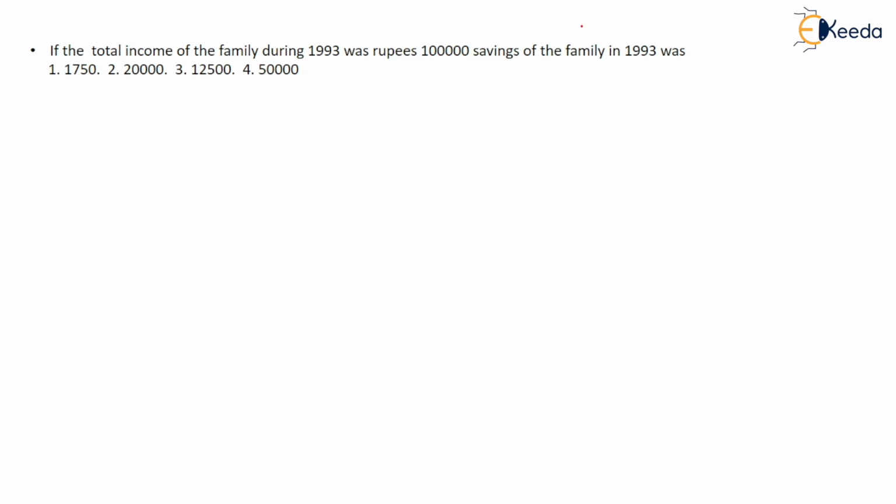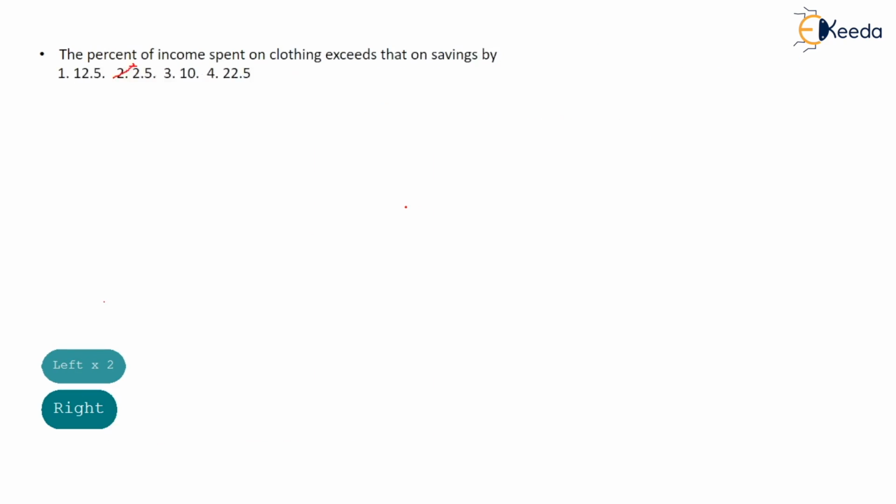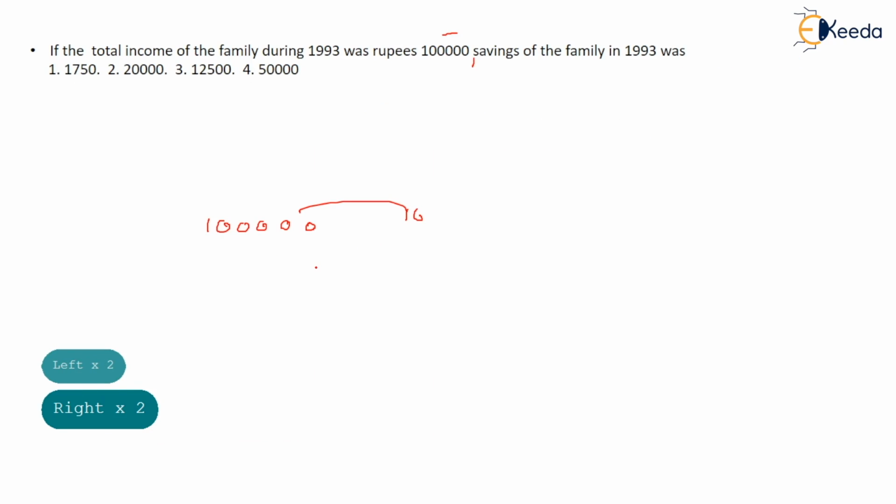This much is the annual income. The savings they are asking. So you know that this is 100%, right? This is 100%, and the savings is 12.5% of it. So you have to find out 12.5% of this. This is 100%. So what will be the value of 1%?